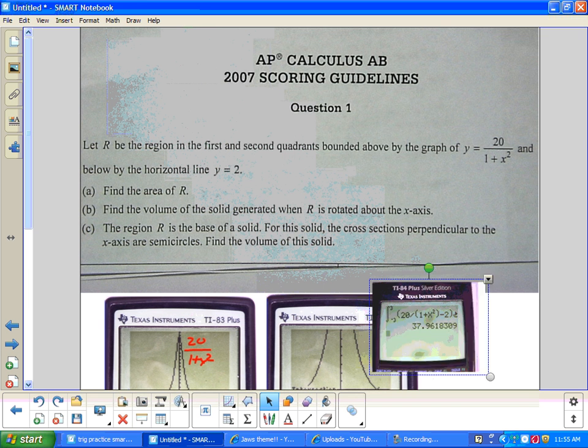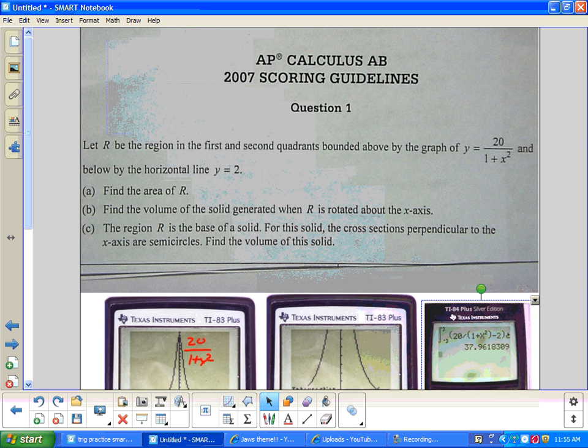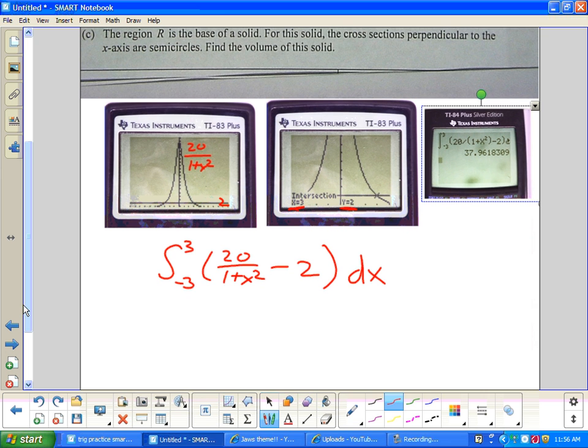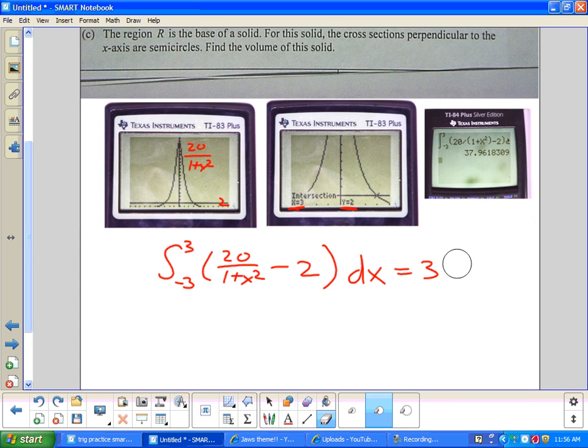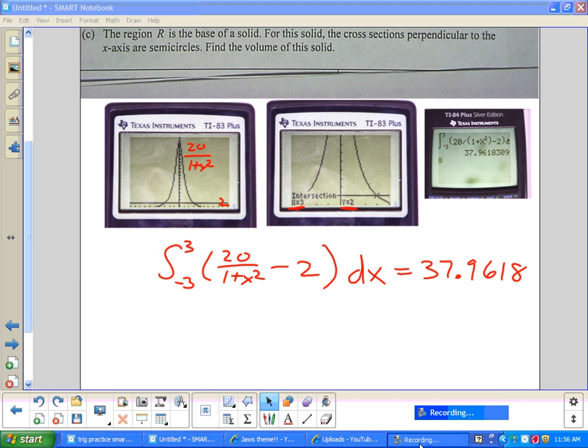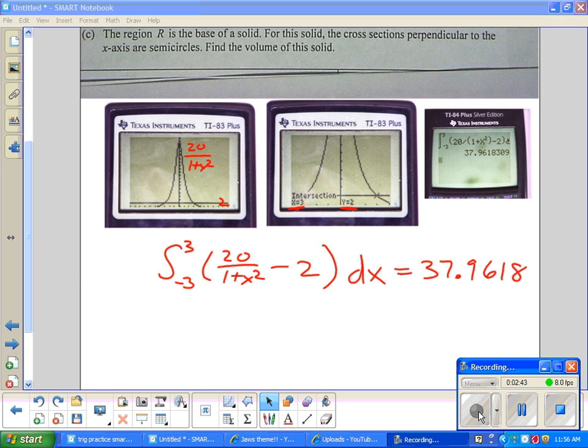So you get 37.9618. All right. So there's 2 points total: one for the integrand on the left, and one for the answer of 37.9618 on the right.